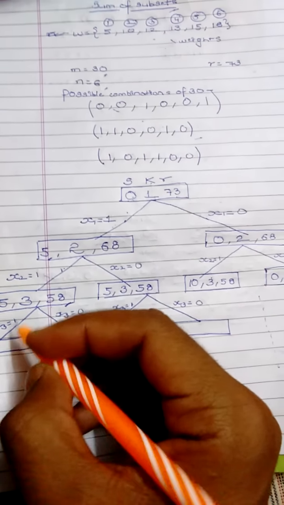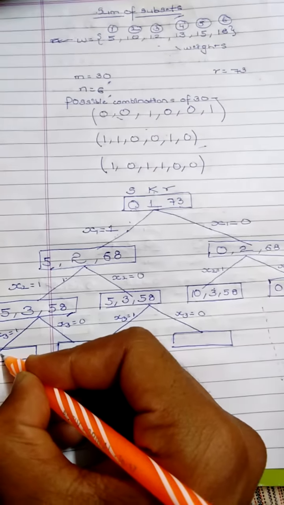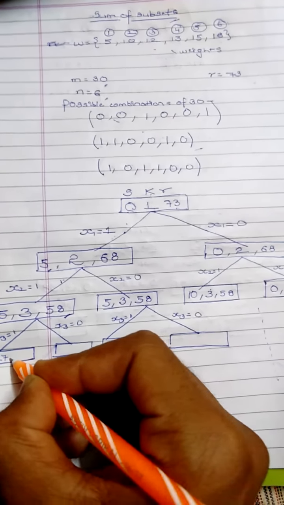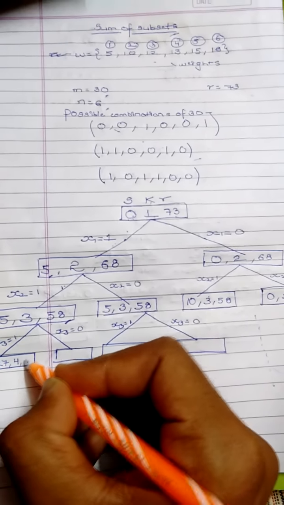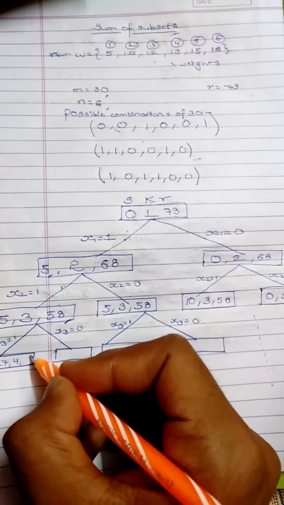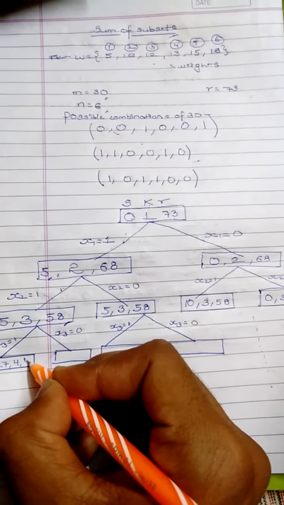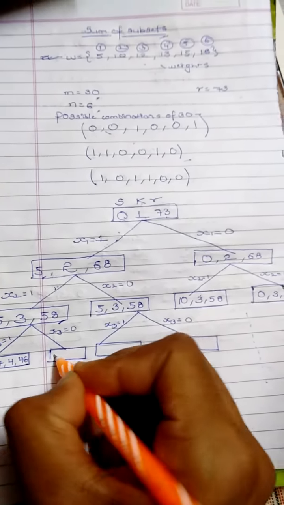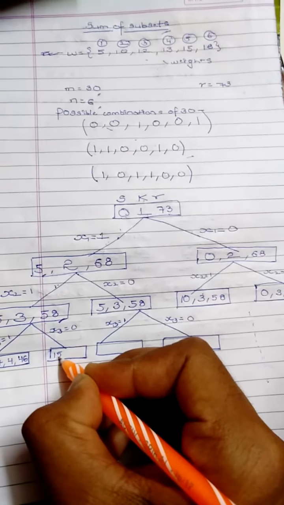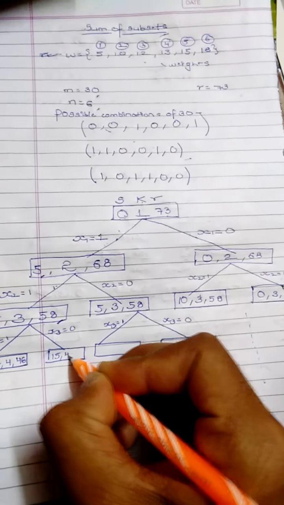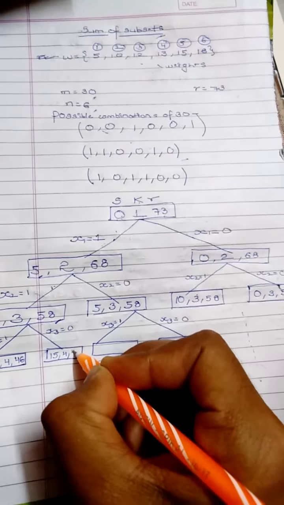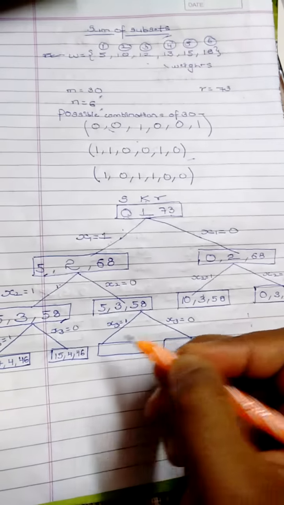Similarly, I will do my steps as follows. If I am adding my third weight, that is 12, my sum will be 27, 15 plus 12. I will move to the next position. I will subtract 12 from the remaining weight, so my R will be 46. If I have not taken the weight, 15 will be there. I will move to the next position and my remaining R will be 46.